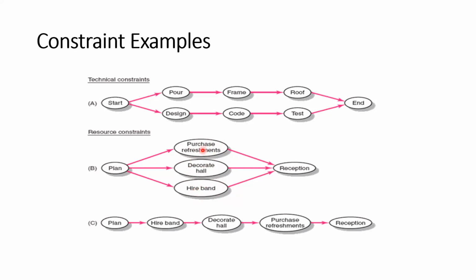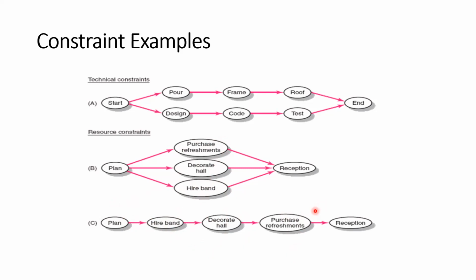Therefore, the one manager cannot do all these activities in parallel. After the couple gives all these responsibilities to the hotel, the management will first see which band they are going to hire for this wedding. After sorting out the band, they will go for decorating the hall. After decorating the hall, they will go and purchase the refreshments.